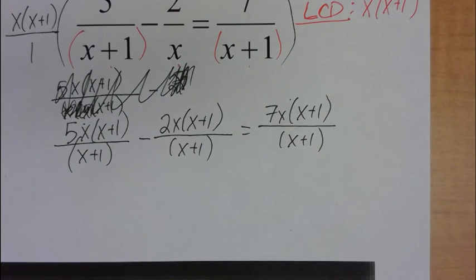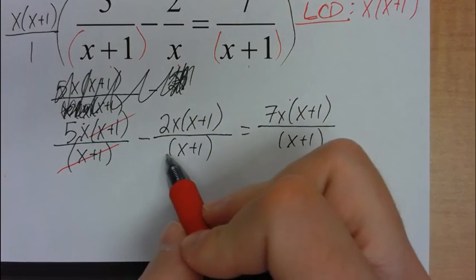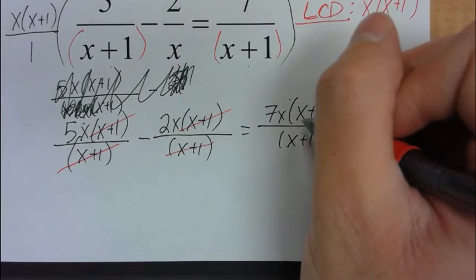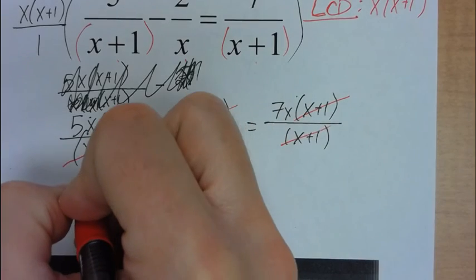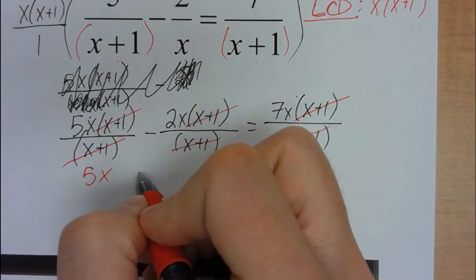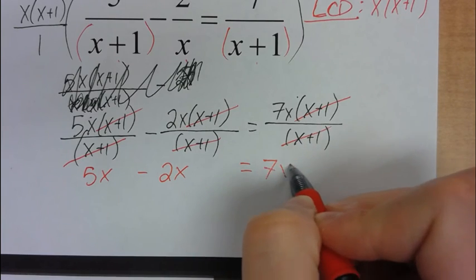Same thing. Let's look and see if we can divide things out. We should be able to if we do this right. We can divide out the x plus 1s, these x plus 1s, and these x plus 1s. That leaves us with 5x minus 2x equals 7x.